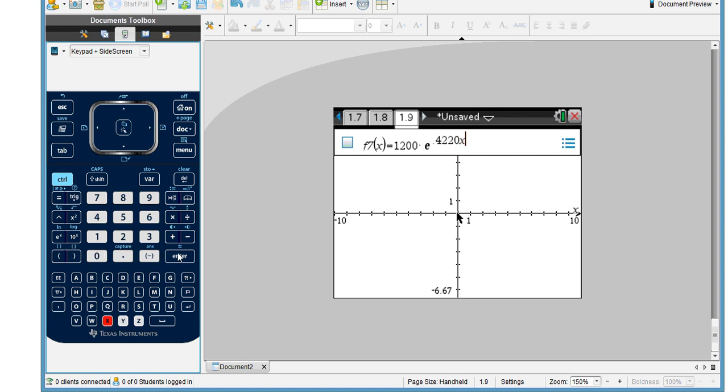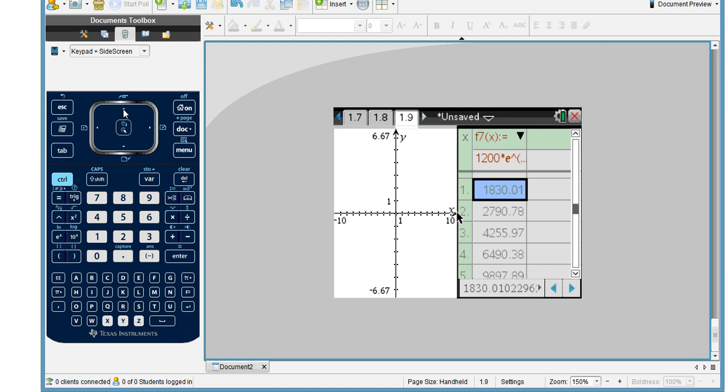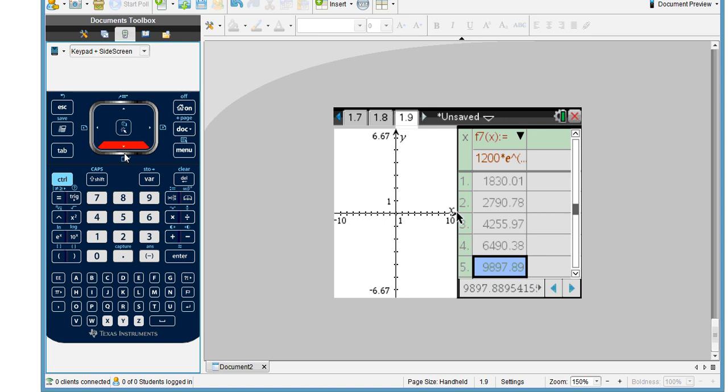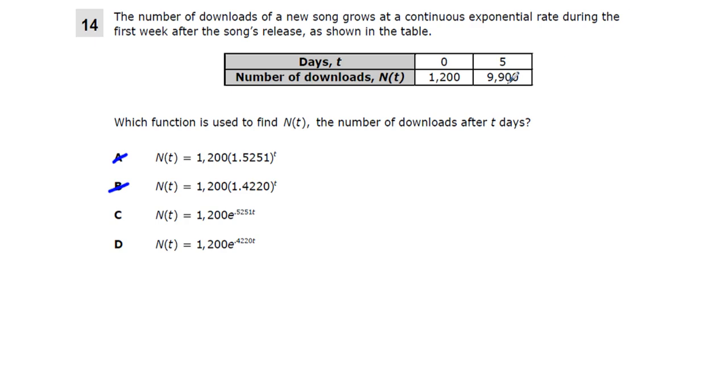And then we graph this. We can't see it at all, but then we go to table view, Control T, and we see at 0 we have 1200, and at year 5 we have 9897. Let's see what we have here. Yeah, 9897, pretty close. So that's going to be it. Our answer choice D is our correct one for this.